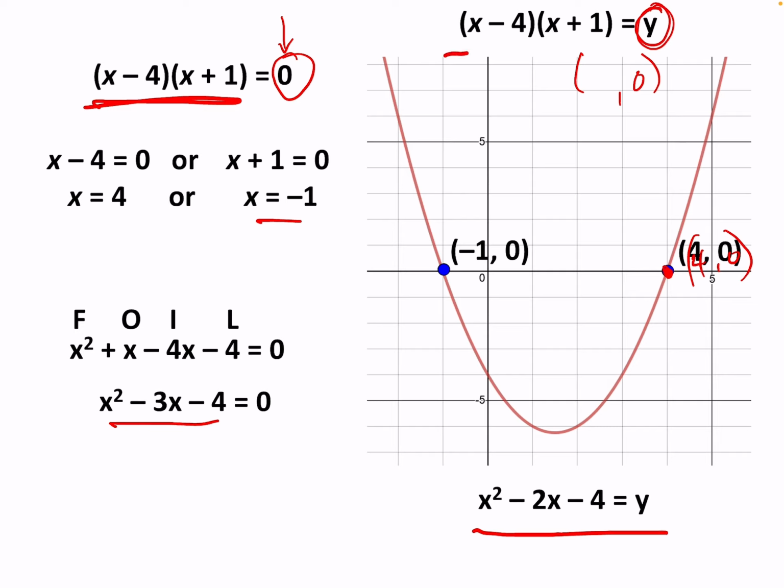But if you put it in the graphing calculator like that, you'd still get the same parabola, because this is just the factored form of this. And I'm just showing you when I replace y with 0, I'm solving for x-intercepts. Okay?